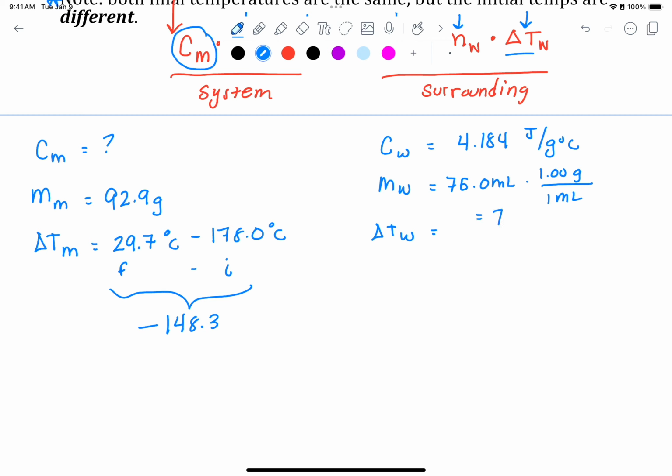So this equals 75.0 grams for our mass of water. Our delta T of the water uses the final temperature of 29.7, the same as our metal, but our initial temperature is 24.0 degrees Celsius. This gives us a delta T of 5.7 degrees C.